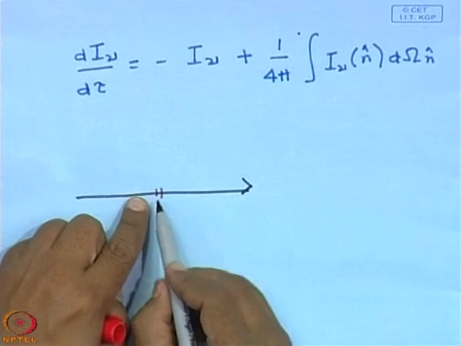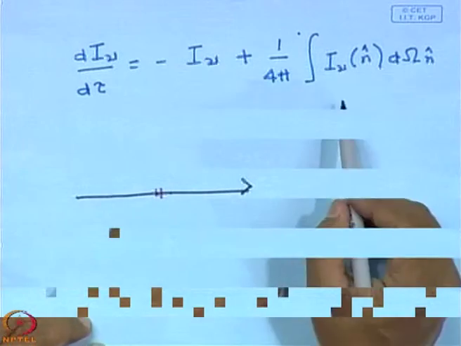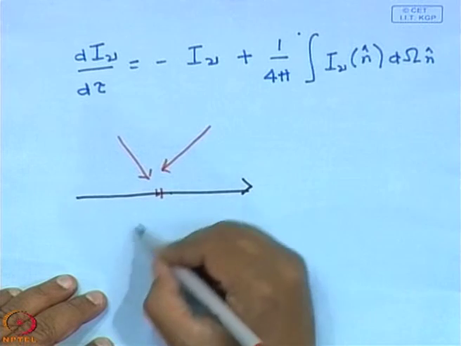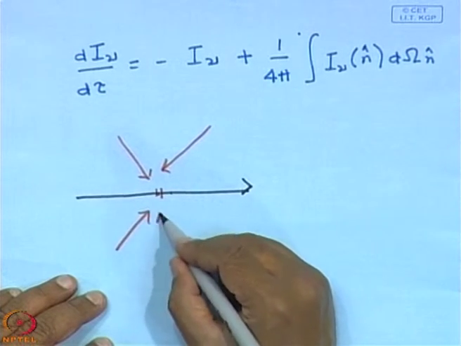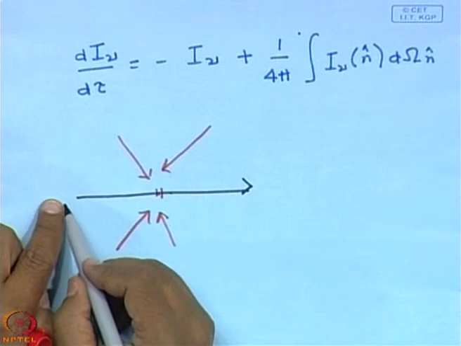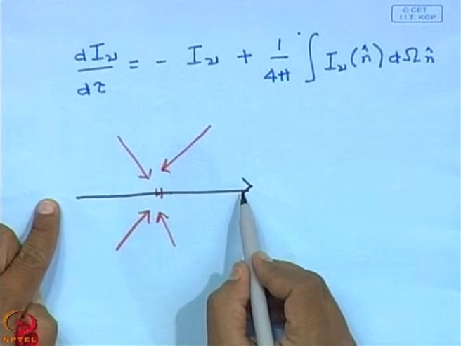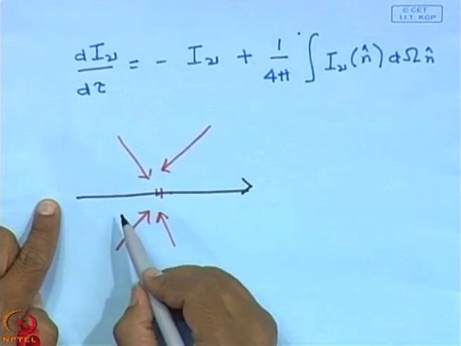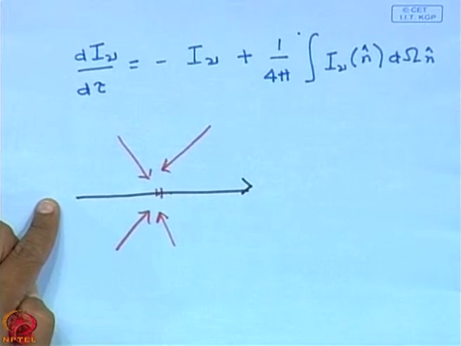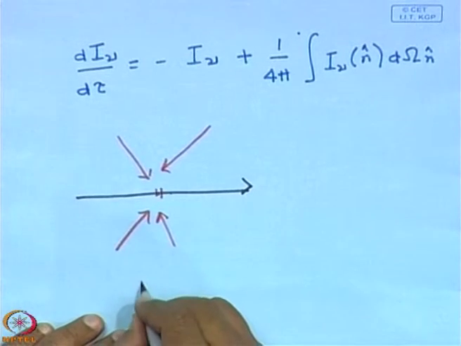Now, if I want to study what happens when I go from here to here, I need the specific intensity from all directions over here, because all of these can get scattered into this direction. So, I cannot solve my radiative transfer equation separately for one ray. I have to simultaneously solve it for all different rays at all different locations, so this is an integral differential equation, and it is extremely difficult.